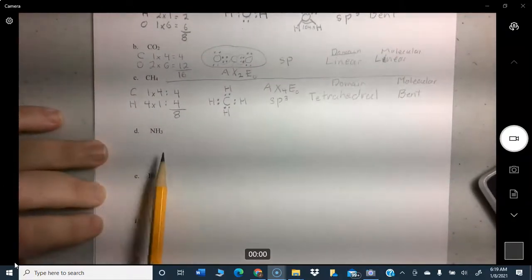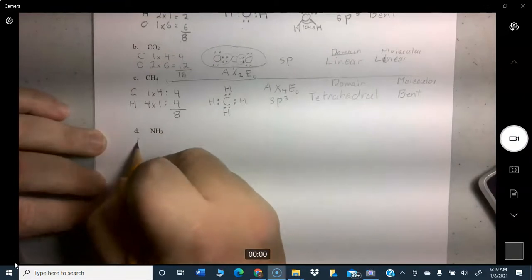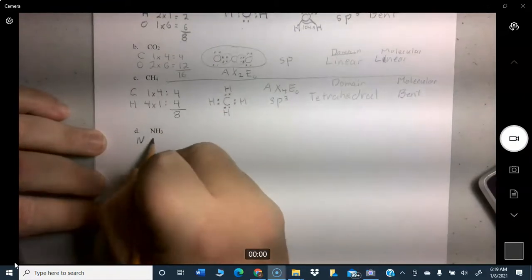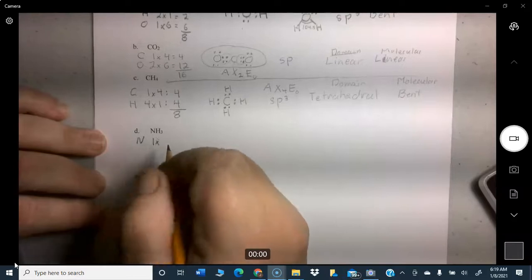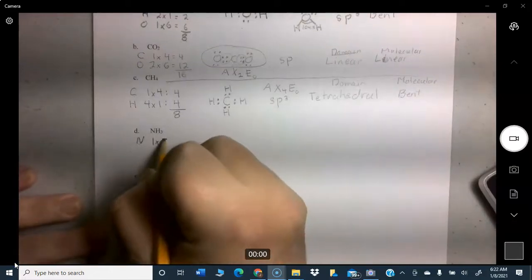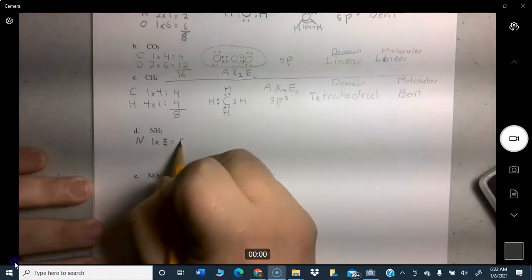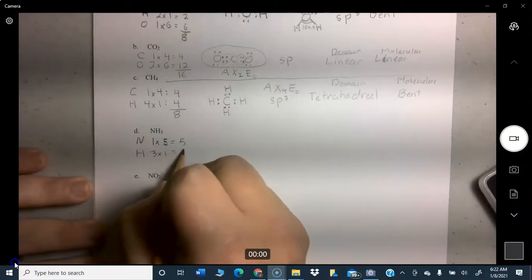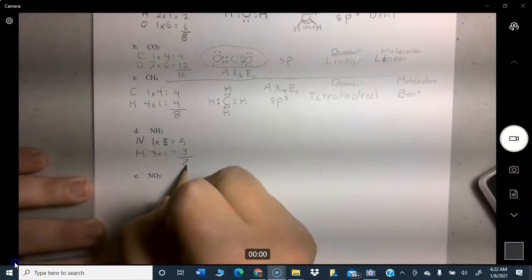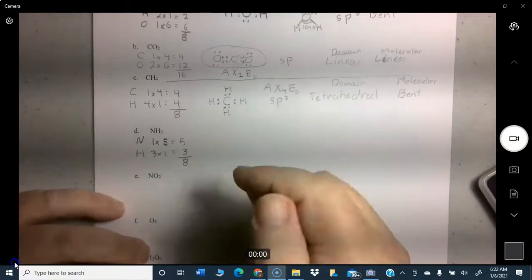Okay, so let's get going with ammonia here. Okay, and nitrogen has 5 valence electrons. Have that.